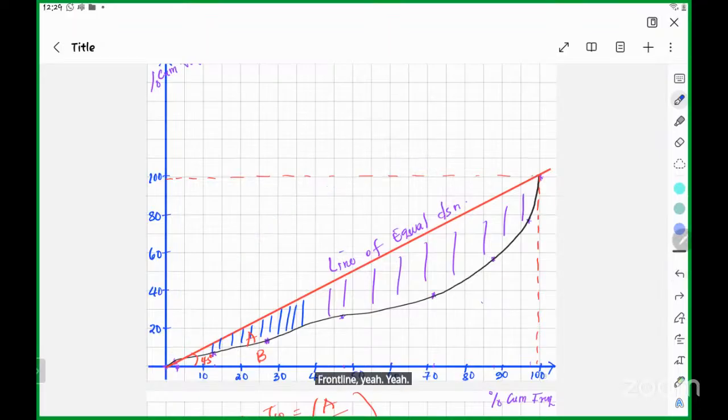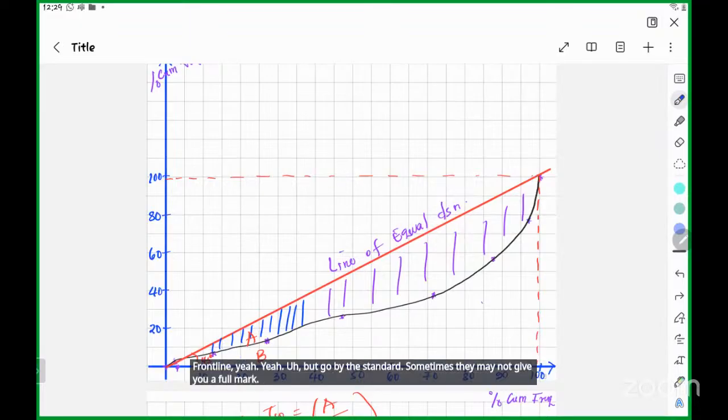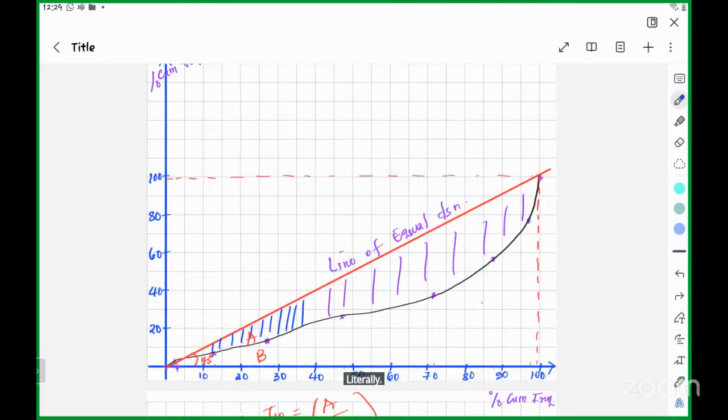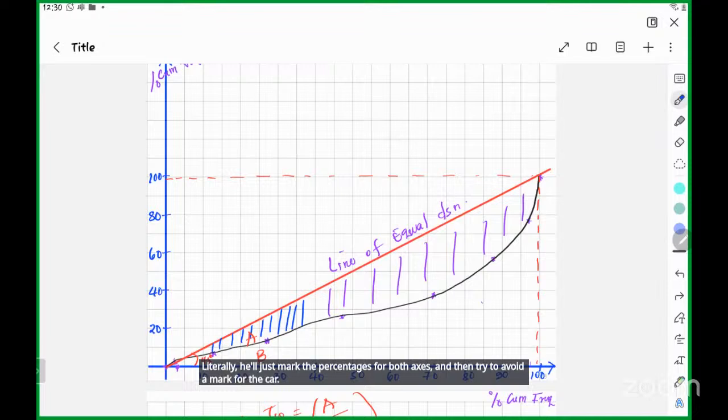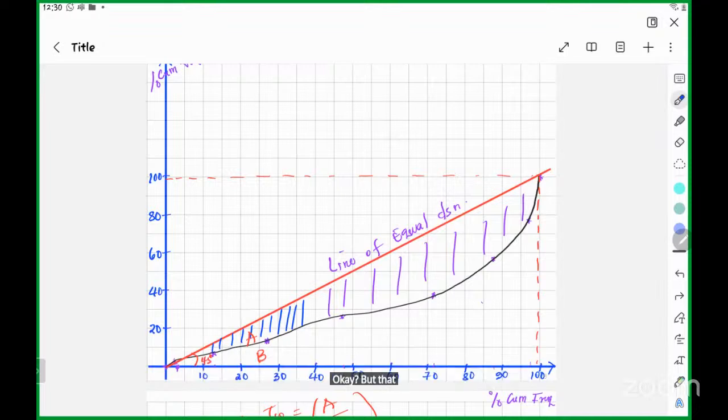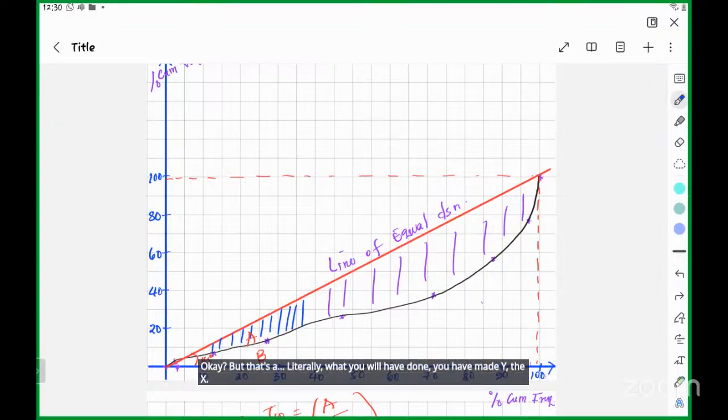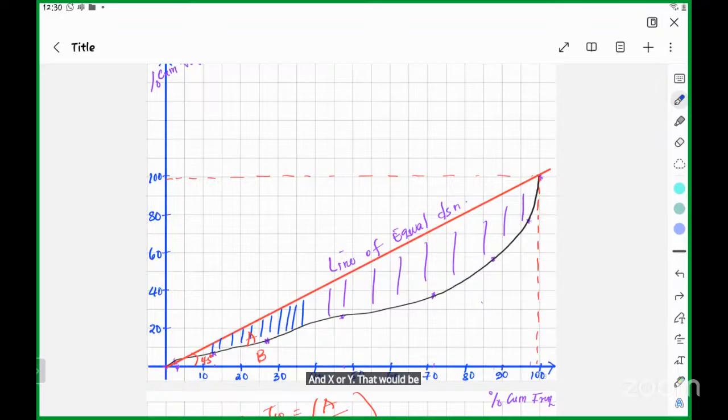But go by the standard. Sometimes he may not give you a full mark. Literally, he'll just mark the percentages for both axes, and then try to award a mark for the curve. You'll have made y the x and x the y. That would be a mistake. So just be keen.